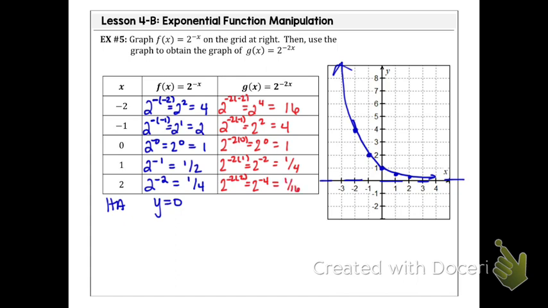And again, I still have my horizontal asymptote at y equals 0. Now I can't do the negative 2, it's up at 16, but I can do negative 1, which is going to be up at 4. And I know that when I graph that, it's just going to be going up really steep because at negative 2, I should be all the way up at 16.